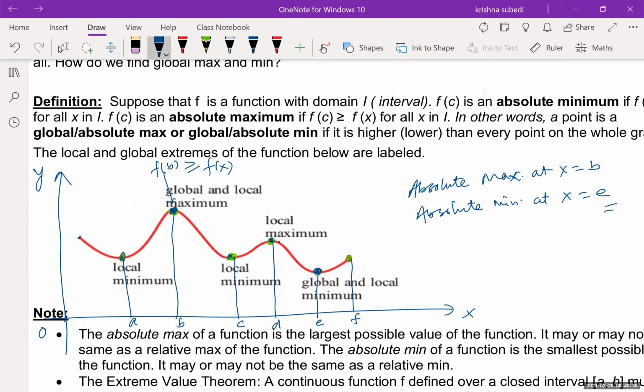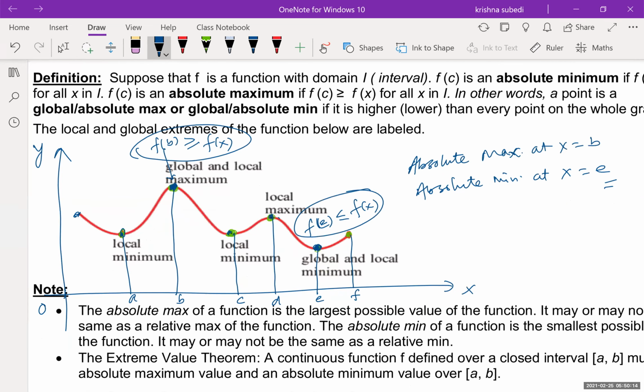In the same way, in the language of mathematics, f of e is the smallest, lowest point in the function, which is f of e is less than all the other values of f. So that's how we define global minimum and maximum.